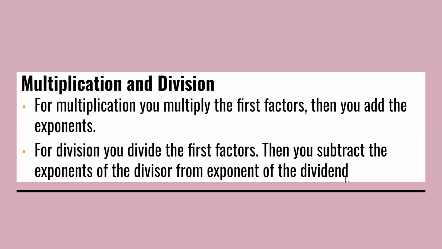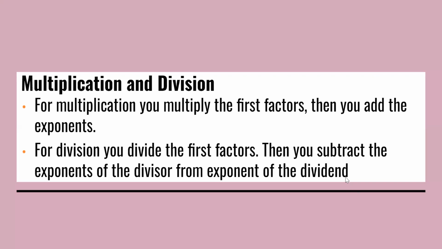Then another operation is multiplication and division. For multiplication, you multiply the first factors, then you add the exponents. In other words, you multiply the coefficients, then you add the exponents. The exponents can be different, it doesn't matter here.